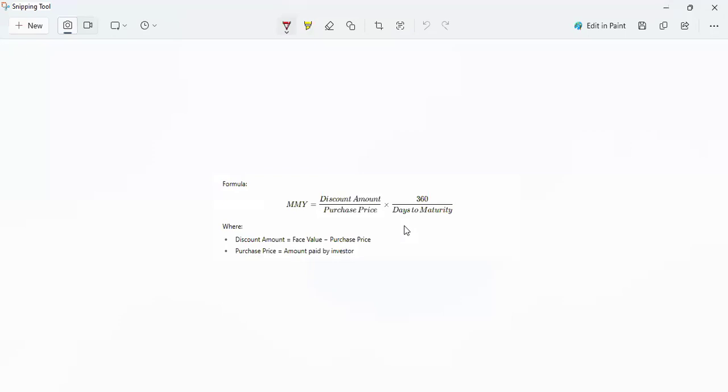So this is the formula for the money market yield. It is simply the yield that is annualized on the short-term money market instrument. It is expressed on a 360-day basis as a standard, so it allows investors to compare the return on different short-term instruments like the treasury bills, commercial papers, and other discount securities.